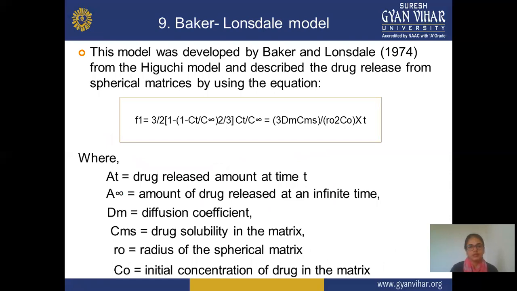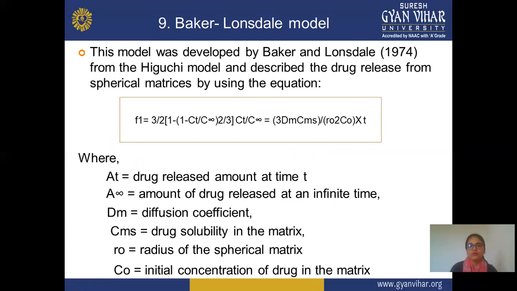Next is the Baker-Lonsdale model. This model was developed by Baker and Lonsdale in 1974 from the Higuchi model and described drug release from a spherical matrix by the equation.